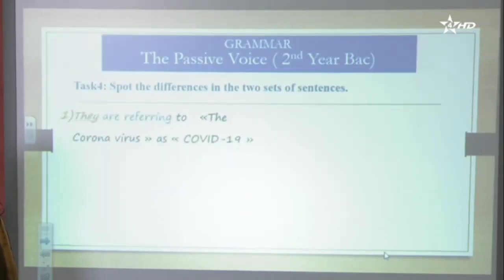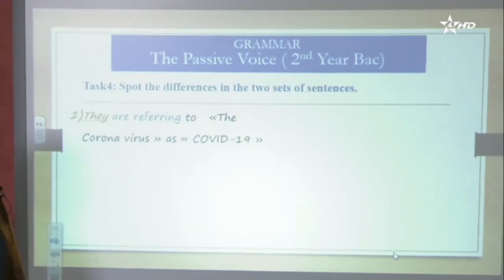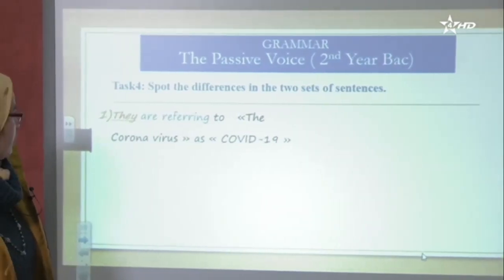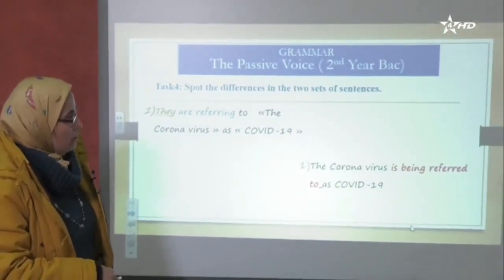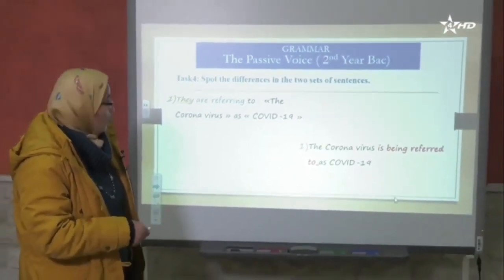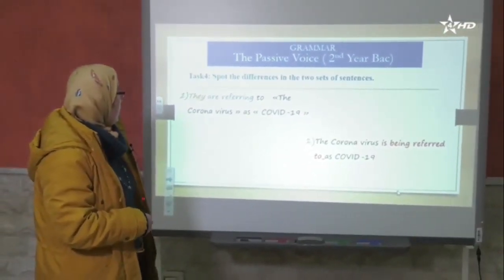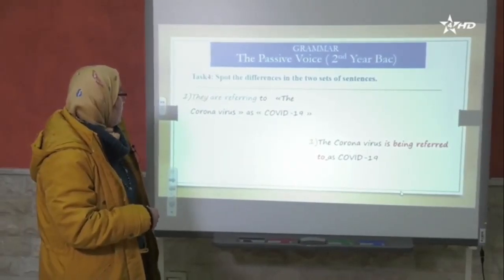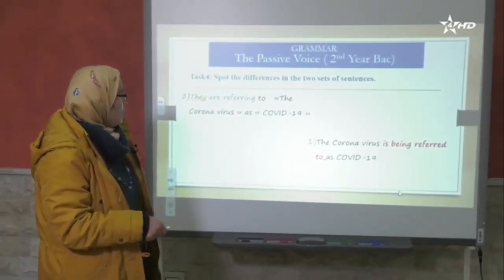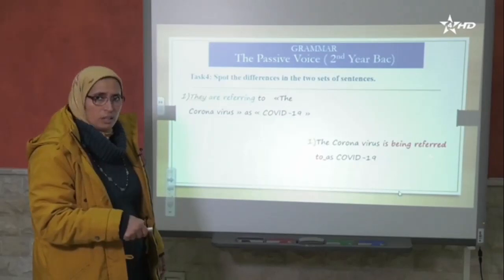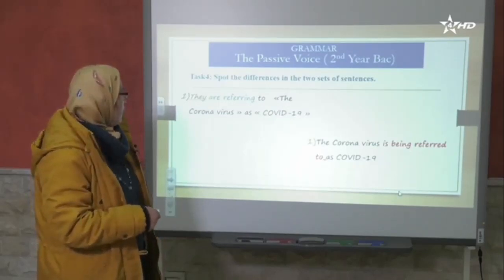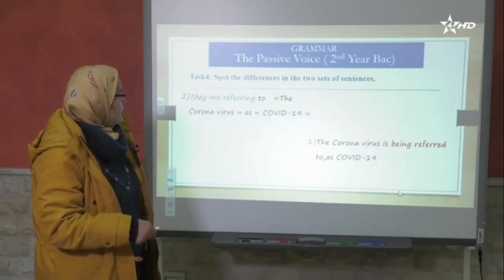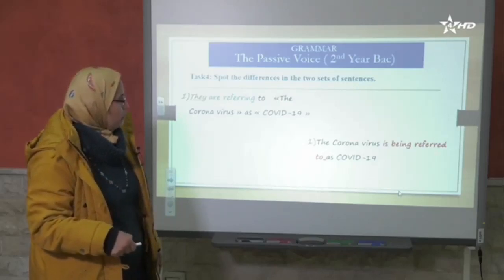They are referring to the coronavirus as COVID-19. The coronavirus is being referred to as COVID-19. Here we have they. Where is they here? Is it important to keep it? Are referring is changed here, is being referred to.